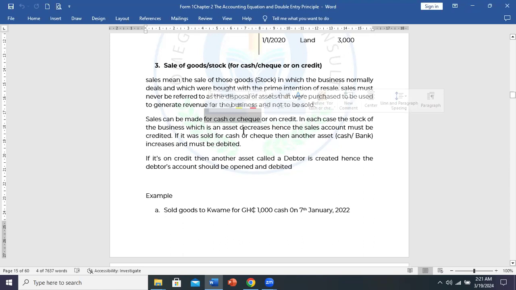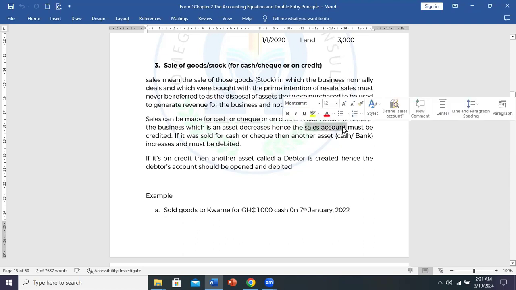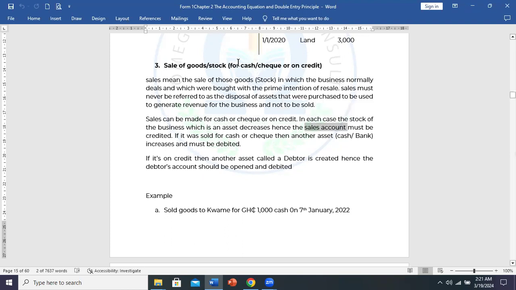Now, when an asset stock is decreasing, we open the sales account. And then the corresponding account will be the cash account, or if the transaction was done using check, that will be bank.